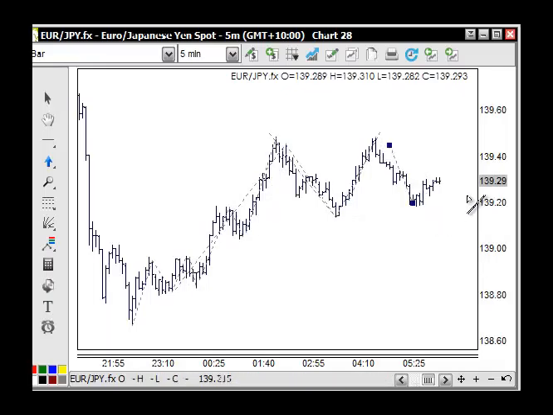But either way, you could go off 139.33, add on 3.5, and look to add on 140 here as well. But you have to allow this to move up here to test the supply levels.